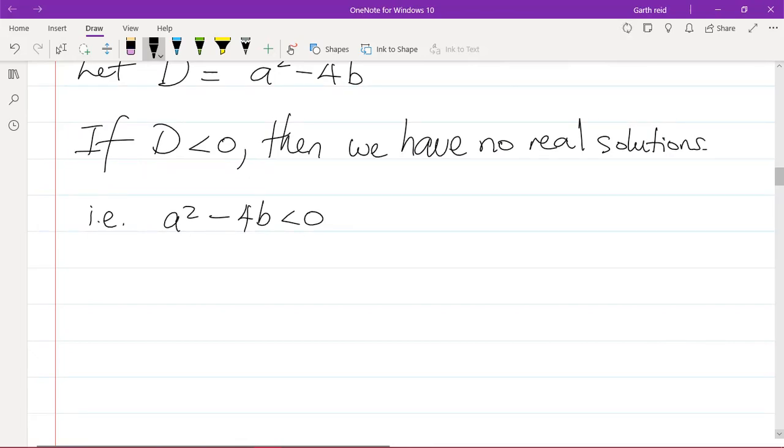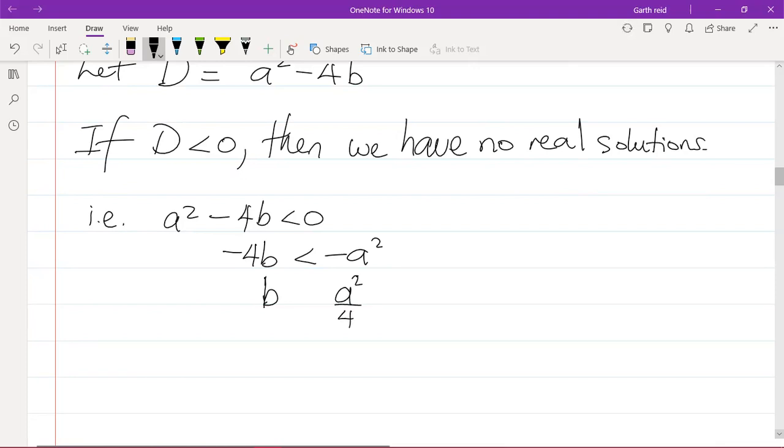I'm going to subtract a squared from both sides of the inequality, and I will get negative 4b is less than negative a squared, right? And I can now get b by dividing both sides of the inequality by negative 4. On the left-hand side, I'm left with b, and on the right-hand side, I am left with a squared over 4.